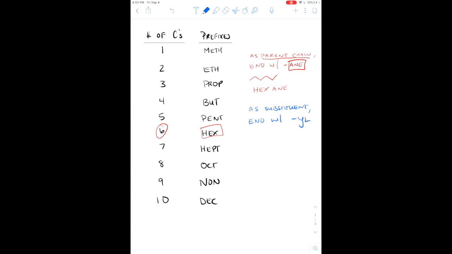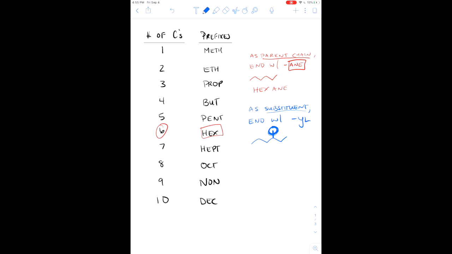So let's say we had 1, 2, 3, 4, 5, 6, and then we've got this thing coming off right here. We do have a hexane in there, right? This portion right here is 6 carbons, so that would be a hexane, but this isn't part of the main group of that straight chain. So we're going to isolate that as a substituent. It's coming off of the main group of the hydrocarbon.